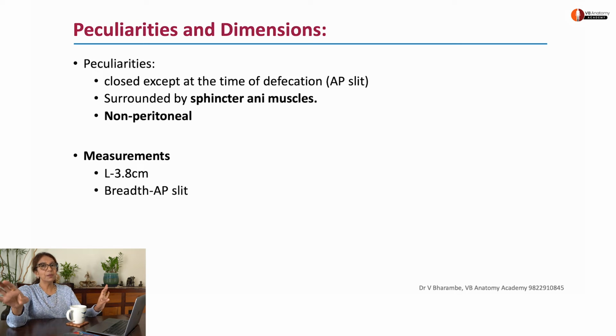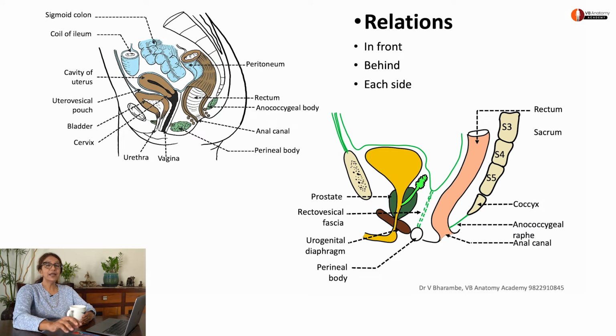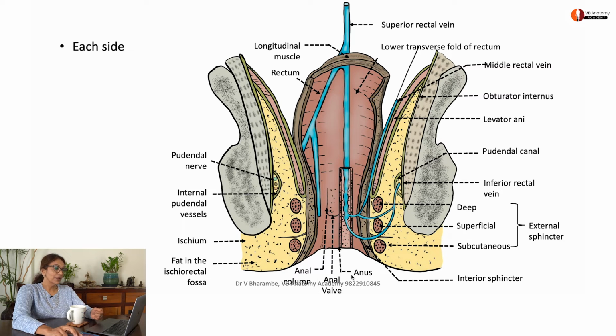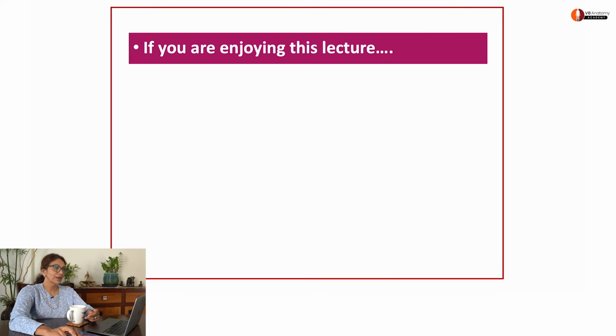It is surrounded by sphincter ani muscles and it is a non-peritoneal structure, barely 3.8 centimeter in length. It's related in front to the perineal body, behind to the anococcygeal body, on each side to the ischiorectal fossa as seen here. So it's quite well supported from all sides.